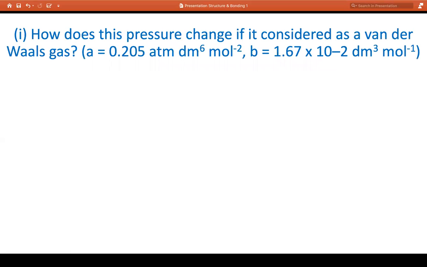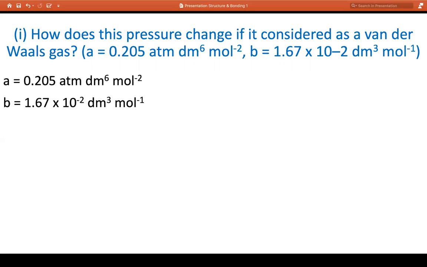So coming to the second part of the first question. How does this pressure change if it is considered as a van der Waals gas? From the question, A is equal to 0.205 atmospheres decimeters to the power of 6 per mole squared, and B is equal to 1.67 multiplied by 10 to the minus 2 decimeters cubed per mole.